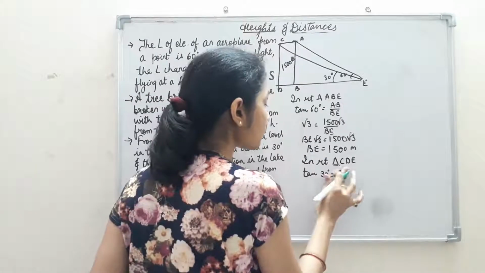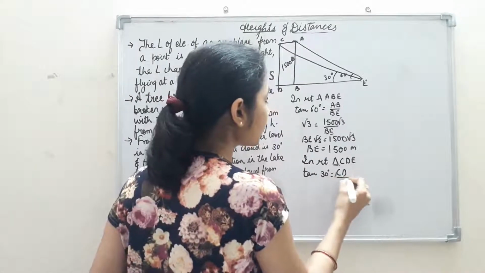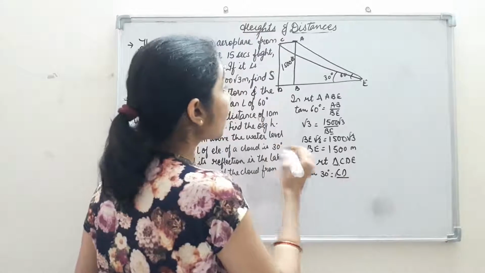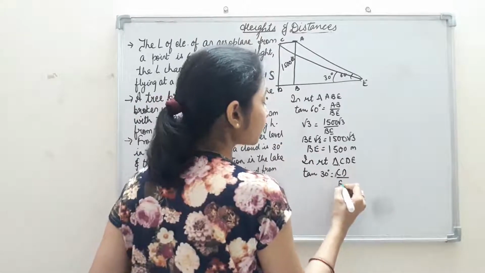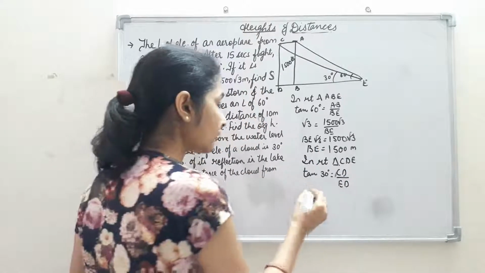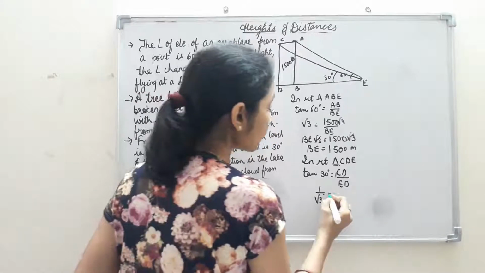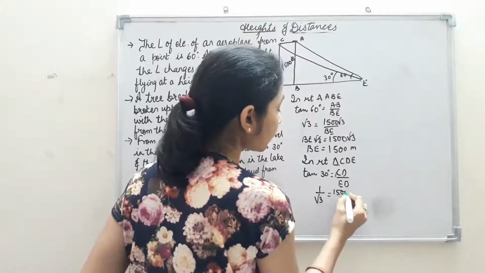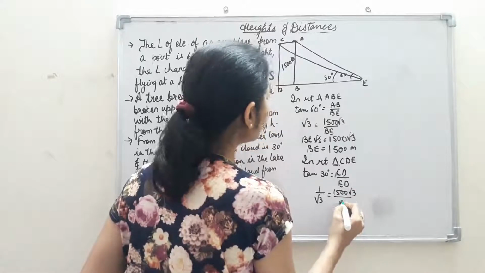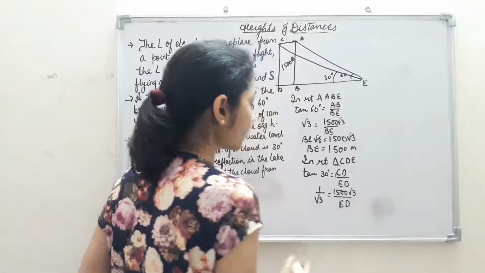Tan 30 degree is equal to 1 upon root 3. CD is equal to, we already know, 1500 root 3, and ED we don't know. That is what we need to find.